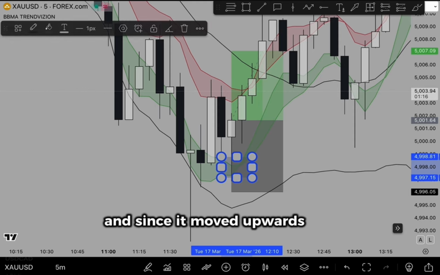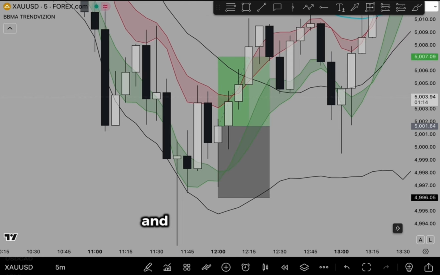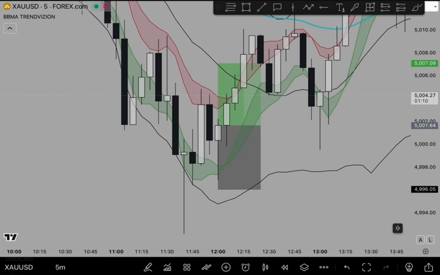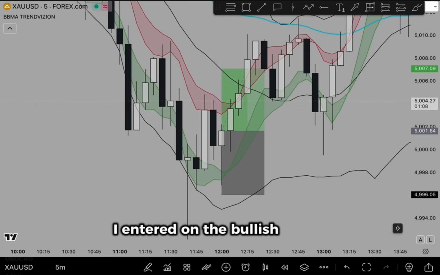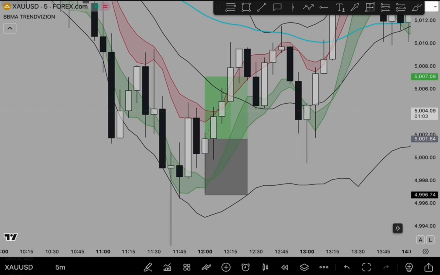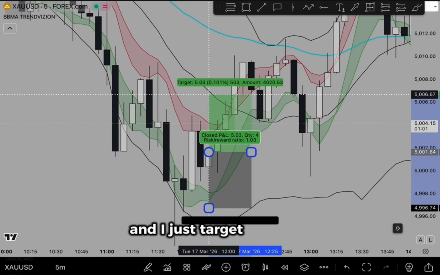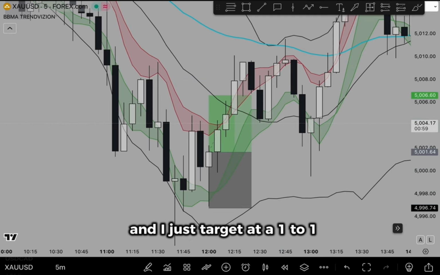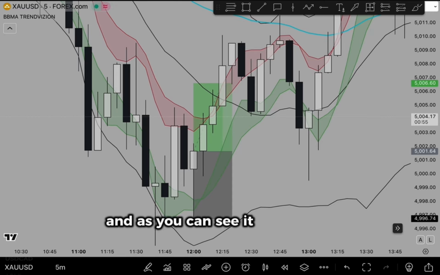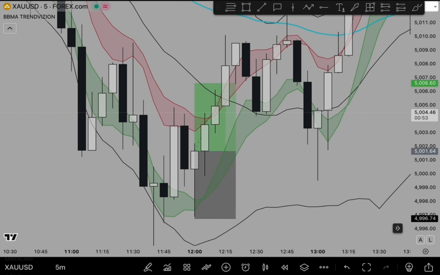And since it moved upwards from there and didn't make any momentum downwards, I entered on the bullish closure, stop loss below the candle's low, and I just targeted a 1-to-1. And as you can see, it went really fast.